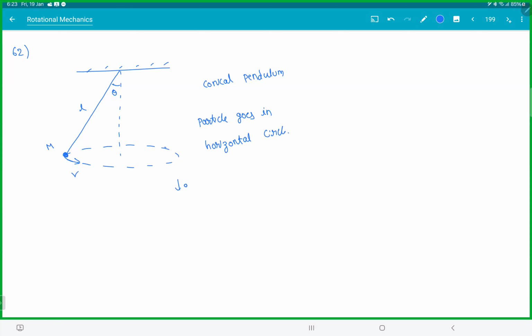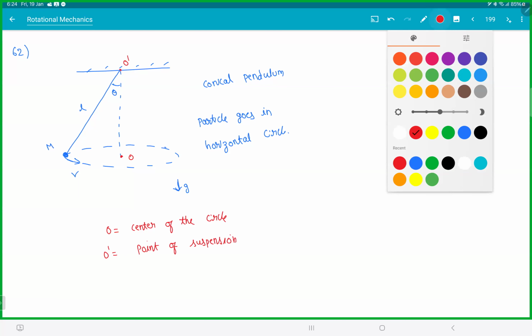Gravity is there. We have point O here and O dash here. O is the center of the circle. O dash is the point of suspension. Find angular momentum about O and O dash.